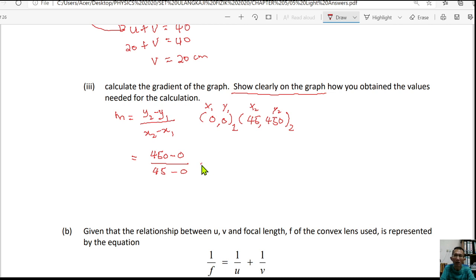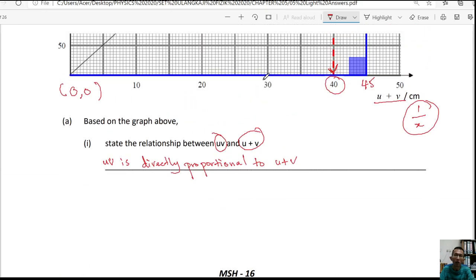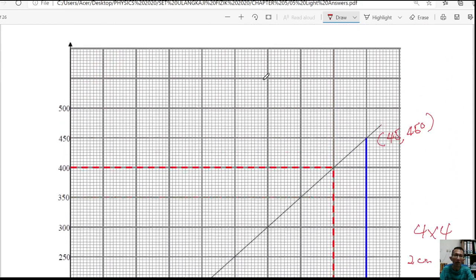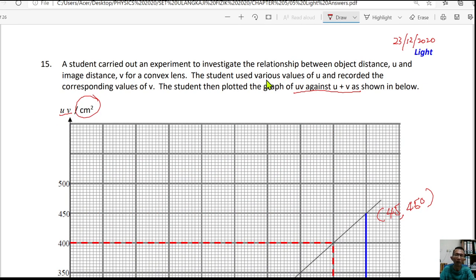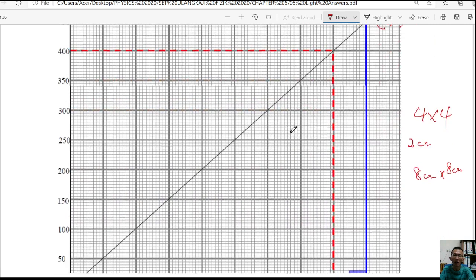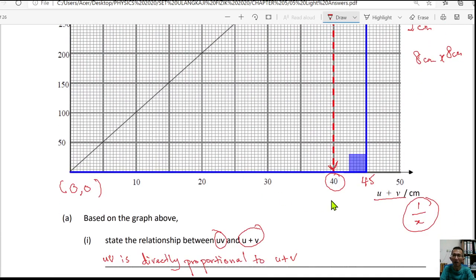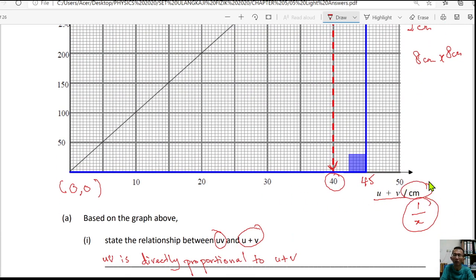Next, check the unit. What is the unit on the y-axis? On my y-axis I have centimeter square, and on my x-axis I have centimeter.